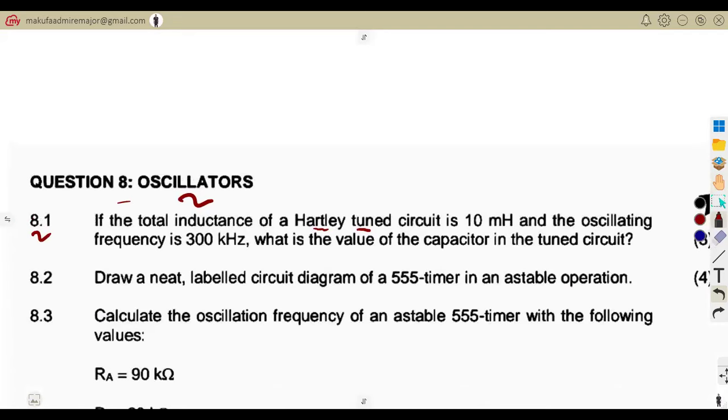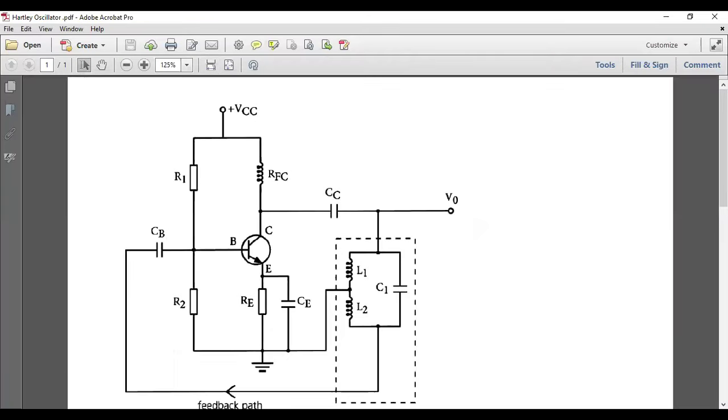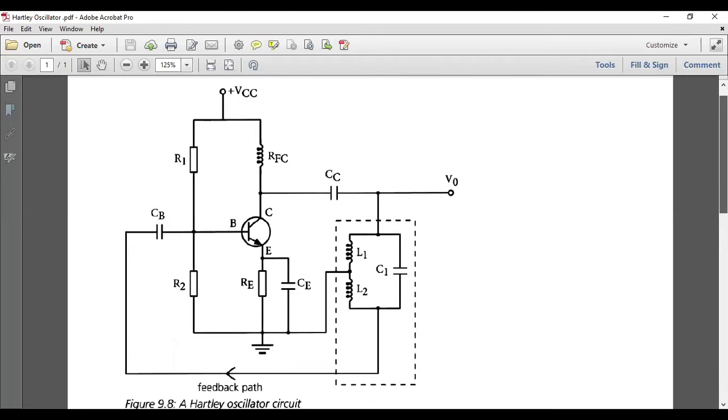I have this so that at least it can help us understand what we have. But also, guys, go through your notes and presentations. It can actually help a lot. So this is our Hartley oscillator, as we are going to have our circuit diagram.